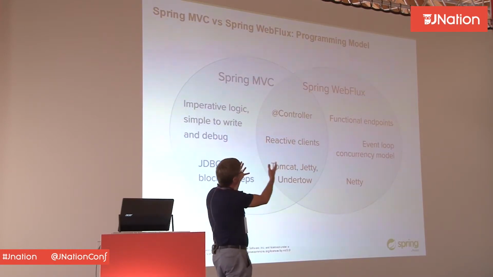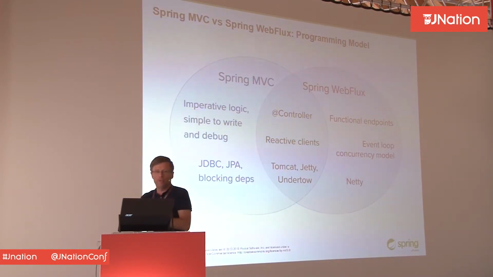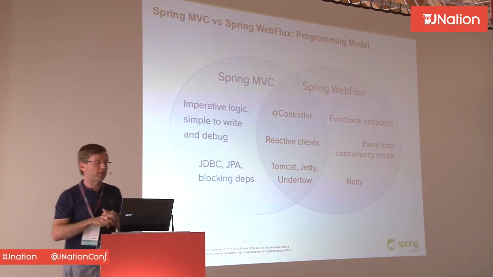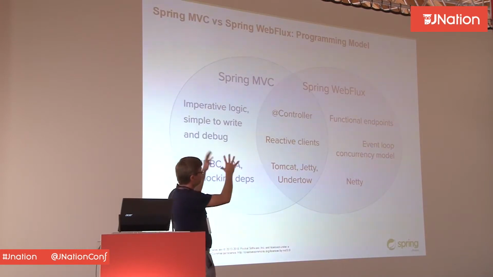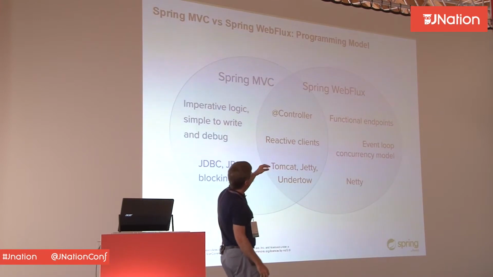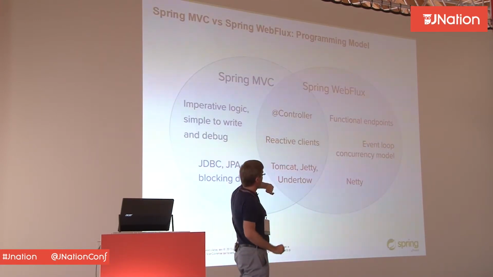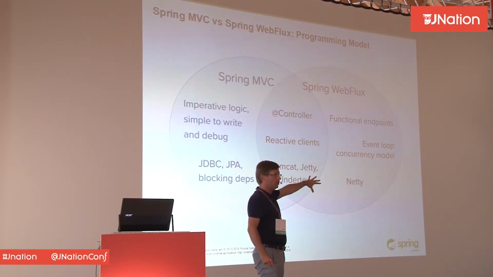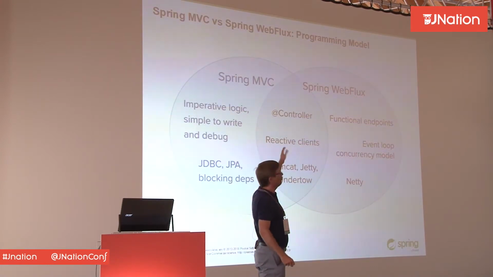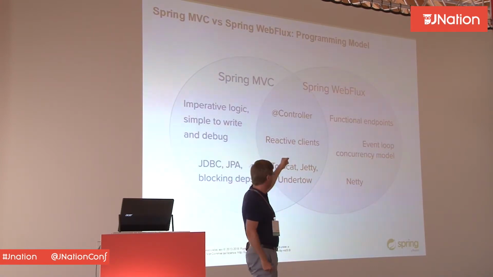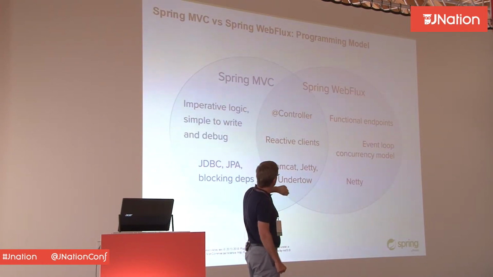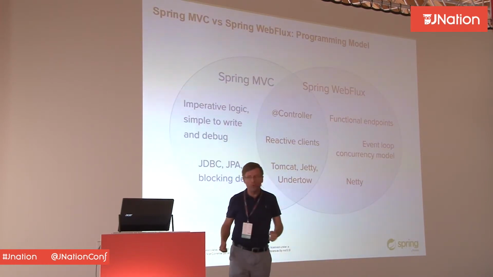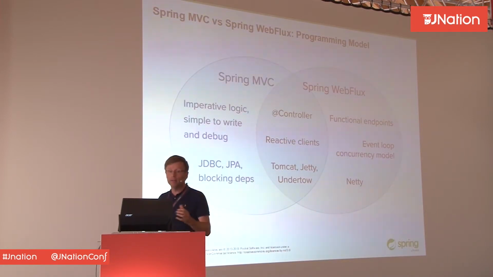But there's also some similarity. We try to abstract as much as possible to be found in Spring Framework 5's Spring Web module, where the annotation-based model reuses the same annotation types. There's a strong degree of similarity. We have a Reactive Client API that is primarily designed for use in Spring WebFlux, of course, a sort of modern-day alternative to REST template, but it can also be used in traditional Spring MVC. And as mentioned, you can choose to use Tomcat, Jetty, or in particular Undertow.